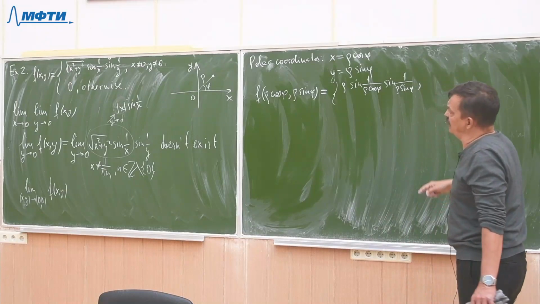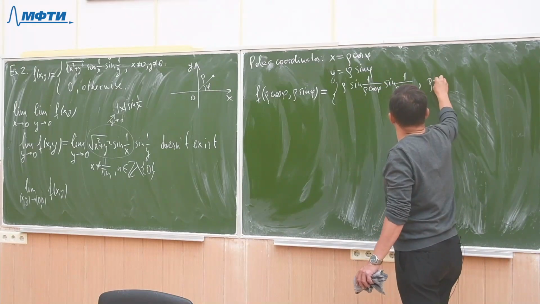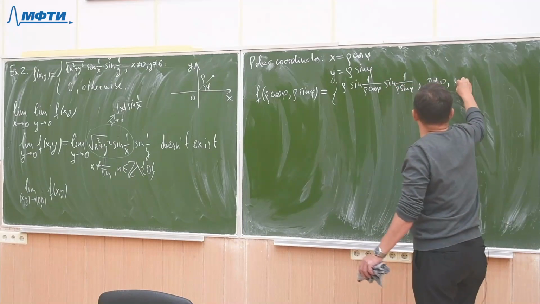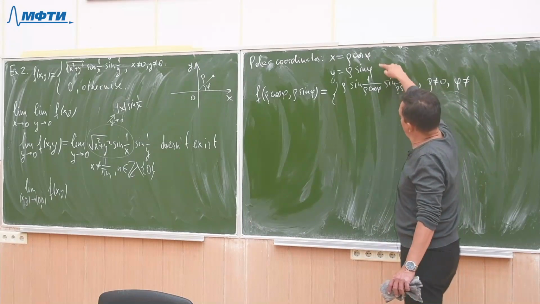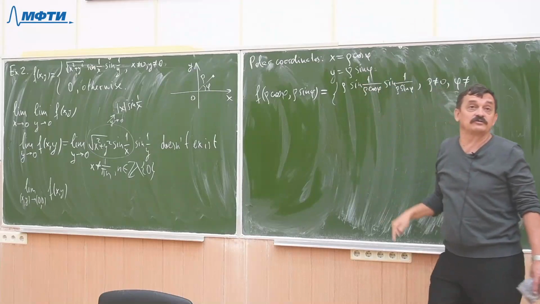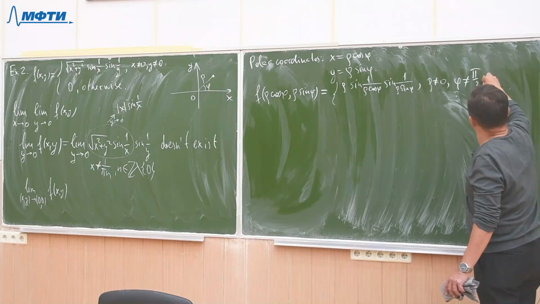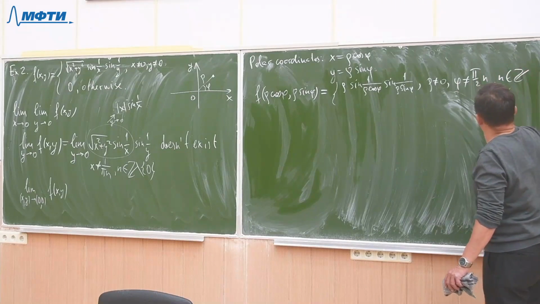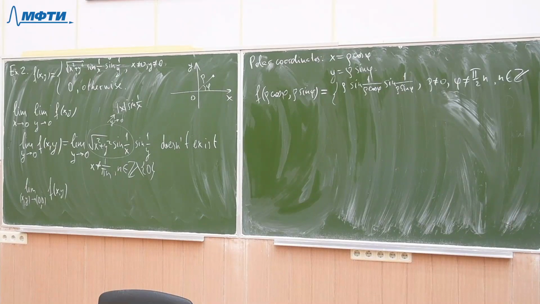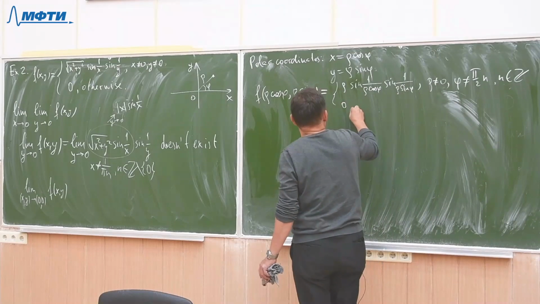If x is not 0, means rho not equal to 0 and phi not equal to, okay, I can exclude each of the zeros on the place of x or y by that one, right? Integer multiple of pi over 2. If it is not an integer multiple of pi over 2, then neither x nor y can be 0, right? And 0 otherwise.